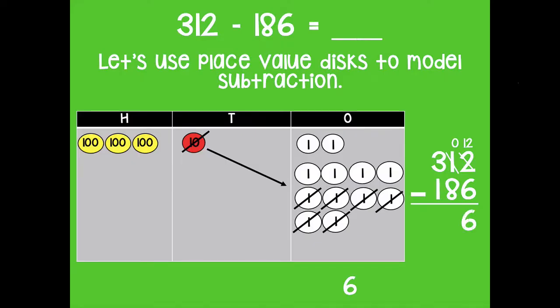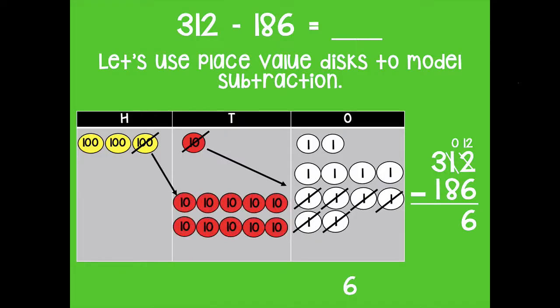Now I move to my tens place. Well, I have 0 tens. Uh-oh. I have to take away 8. I don't have enough. Friends, what can I do? Yeah, we can take this 100 and we can unbundle it into 10 tens because we know that 10 tens equal 100.